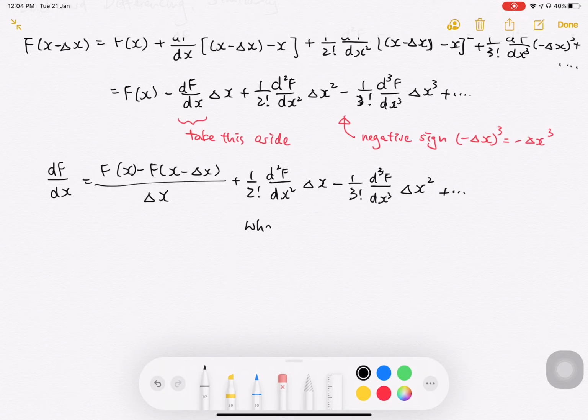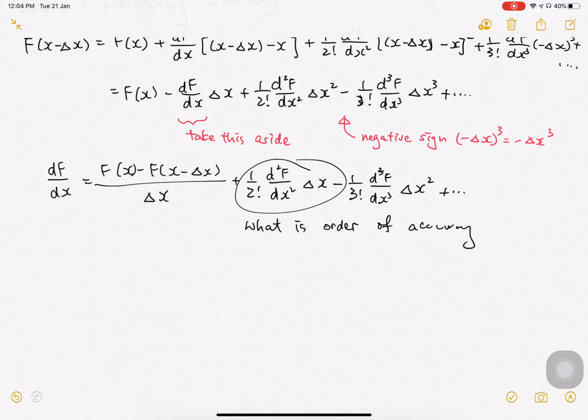So what is the order of accuracy in here? It's the same as the forward differencing because this is the largest term.